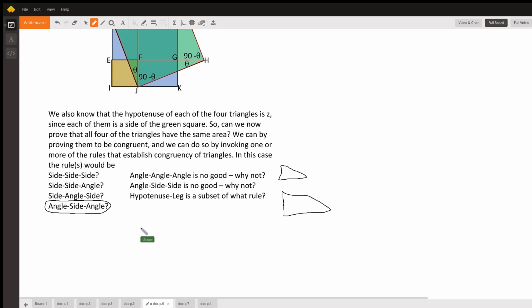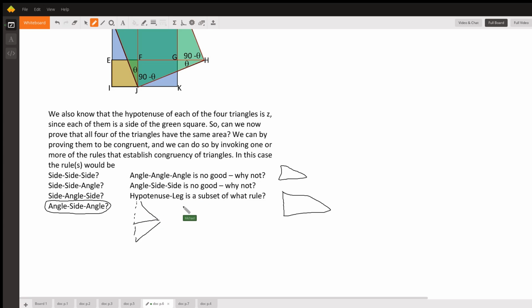Why not? Because you can have an angle and a side, so we know this goes off in this direction. But if we have a given side length, sometimes what will happen is it could be like that, or it could be like that, and they both work. So that's no good either.